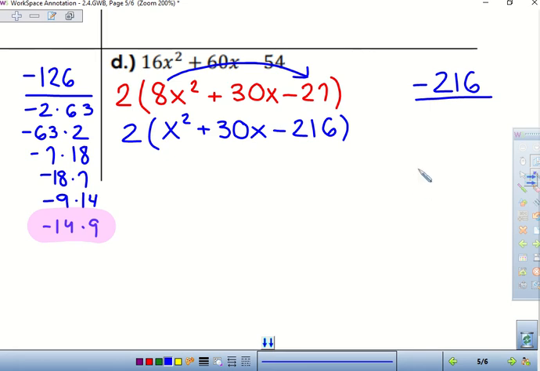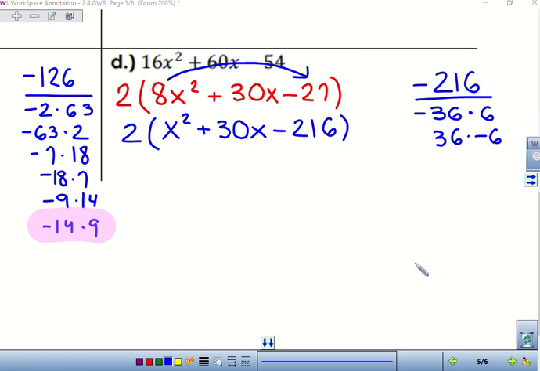So what about negative 36 times 6? Almost. But what about positive 36 and negative 6? Which of those two do we want to use? The second one, because we want it to add up to a positive 30, not a negative 30. So that's going to be like this.